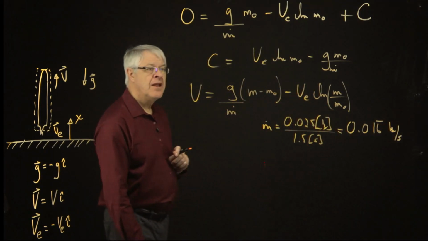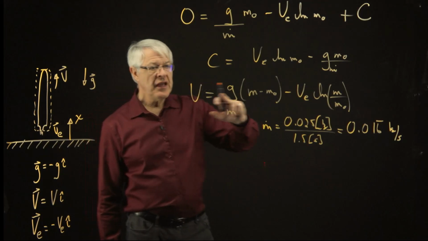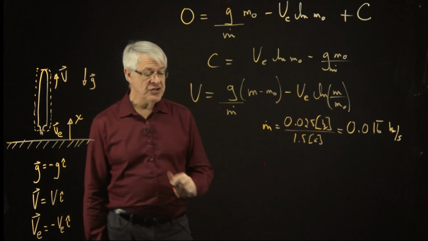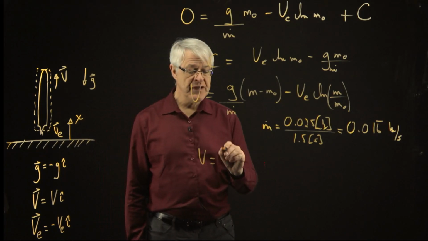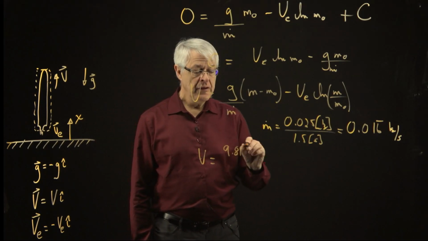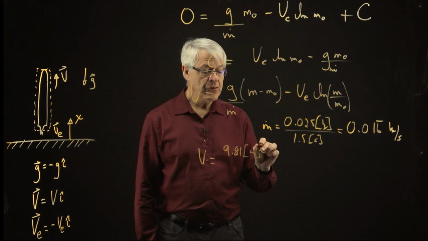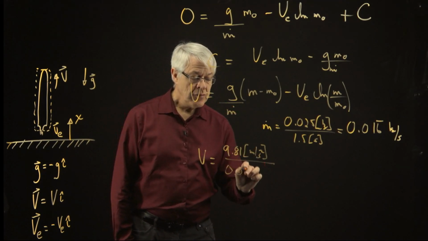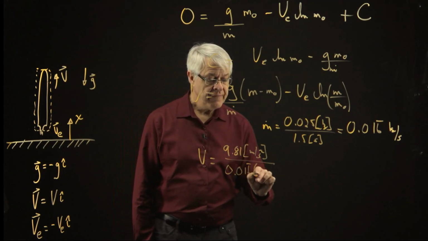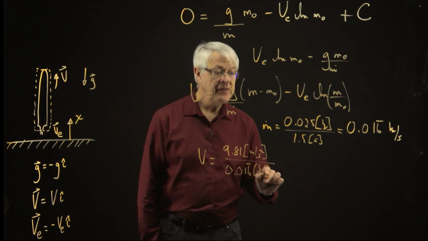All right? So now we have everything that we need to put into this equation. So our g is 9.81 meters per second squared. Mass flow rate we just found, 0.016 repeating kilograms per second.